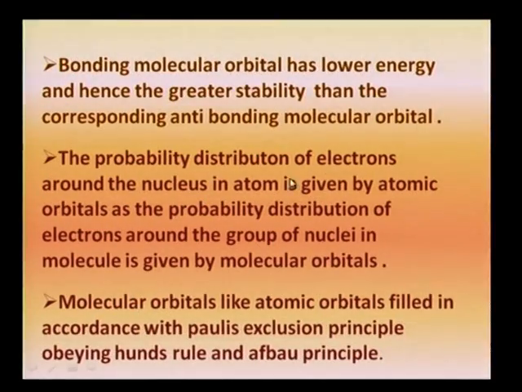The sixth salient feature of molecular orbital theory is the probability distribution of electrons around the nucleus in an atom is given by atomic orbitals, as the probability distribution of electrons around the group of nuclei in a molecule is given by molecular orbitals. We already know where we find electrons.